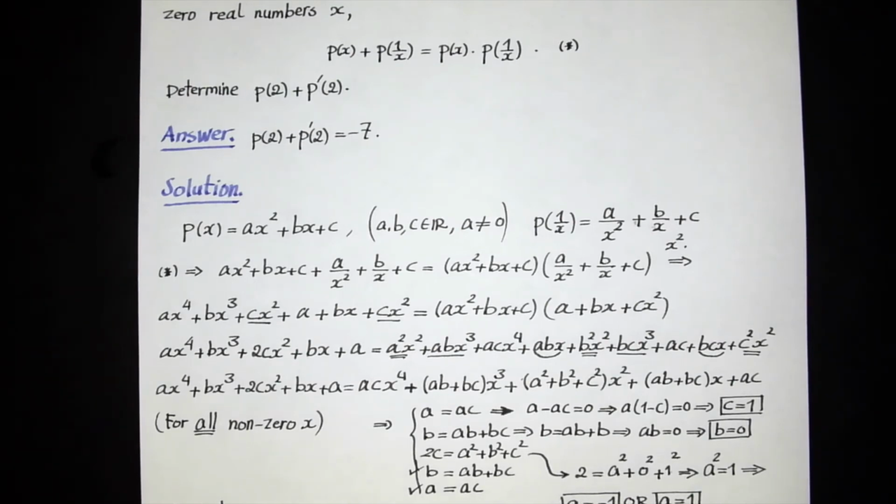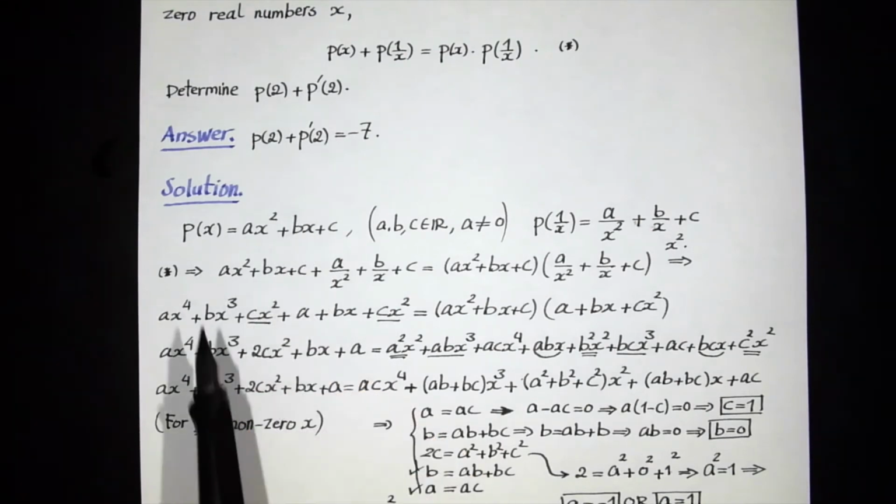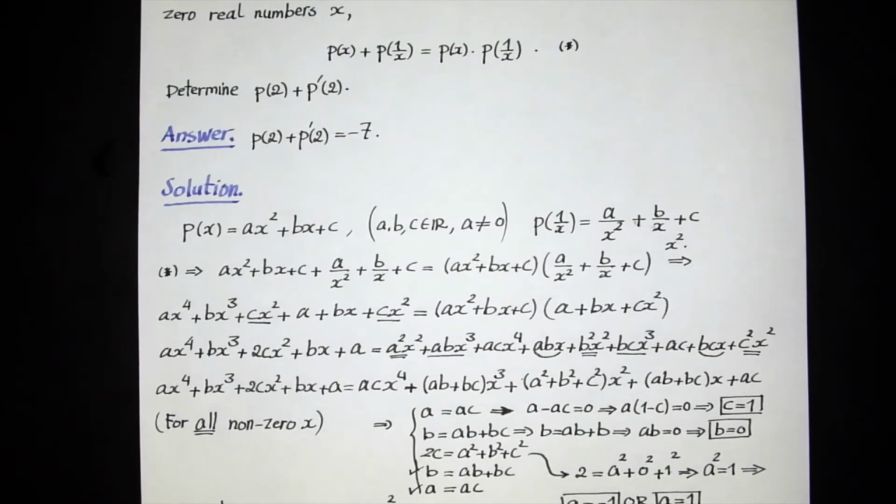So this means that my polynomial p of x is equal to, if I put a equal to 1, x squared, b is equal to 0, so this term vanishes, and c is equal to 1. So either my polynomial is this polynomial, or a is equal to minus 1, b is equal to 0, and c is equal to 1.